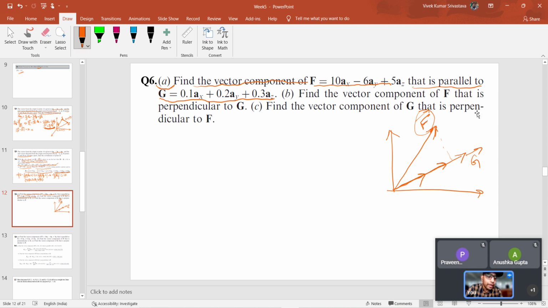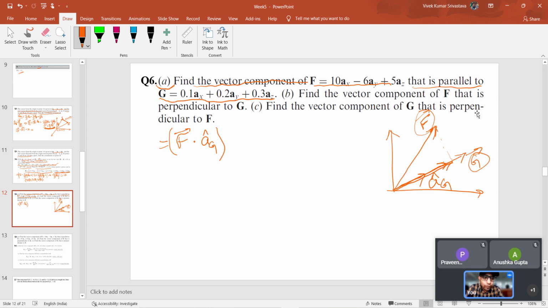Suppose the unit vector along vector g is defined as ag. So the component of vector f which is parallel to g is defined as f dot ag. This represents the component of vector f which is oriented along another vector g.